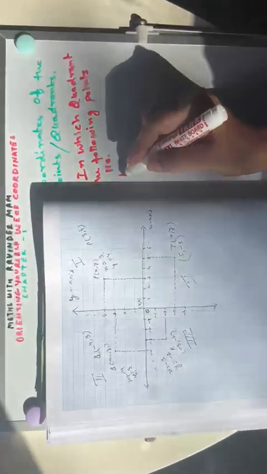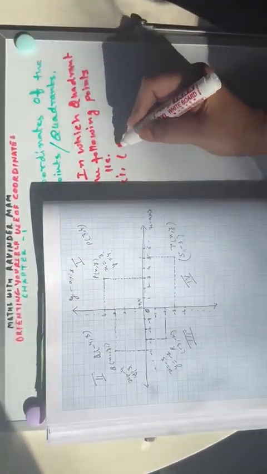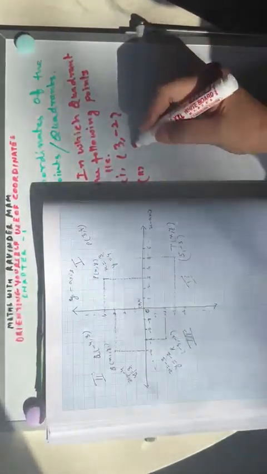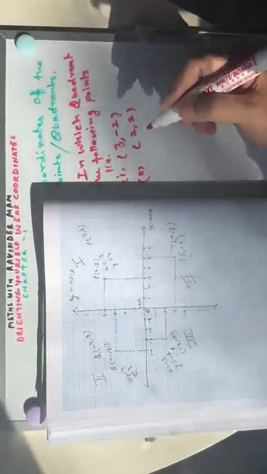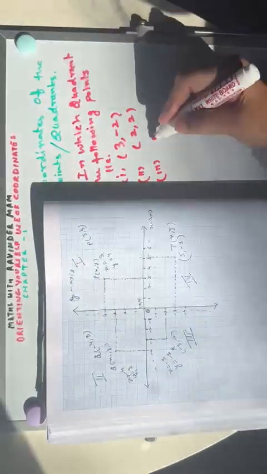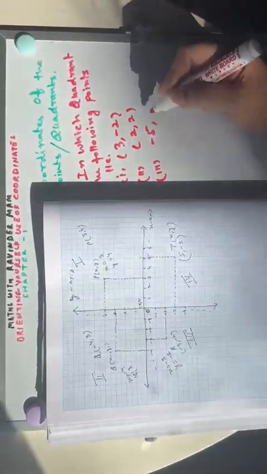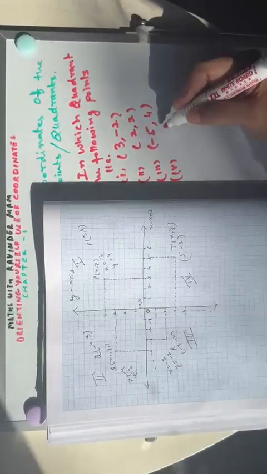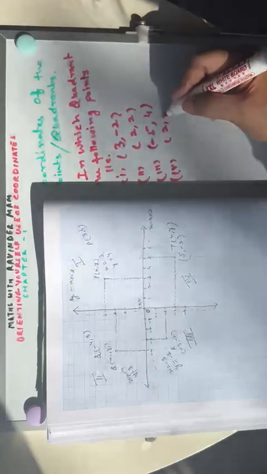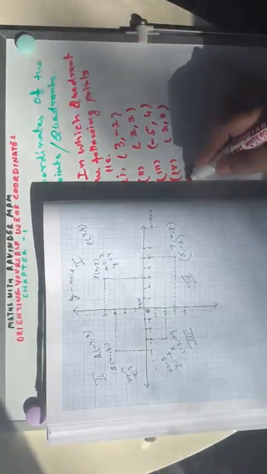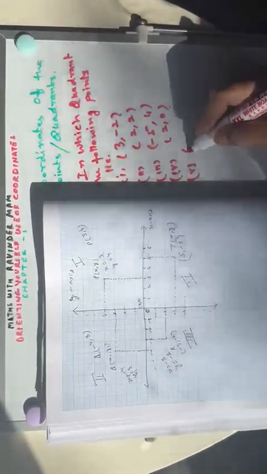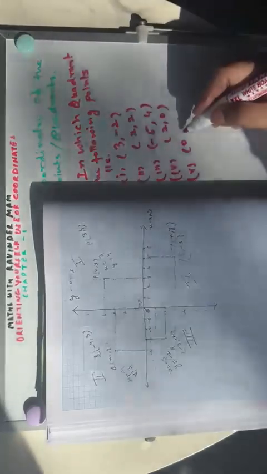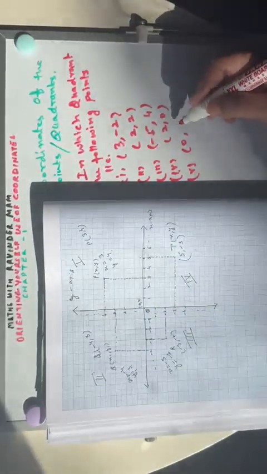Suppose the points are: first, 3, minus 2; second point, 2, 2; third point, minus 5, 4; fourth point, 2, 0; fifth point, 0, minus 3.